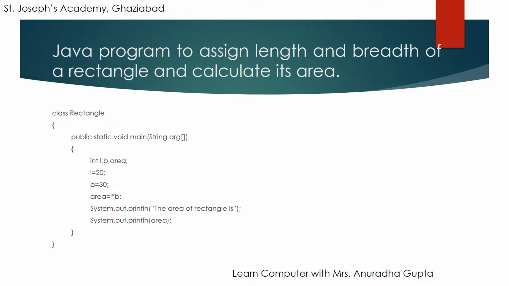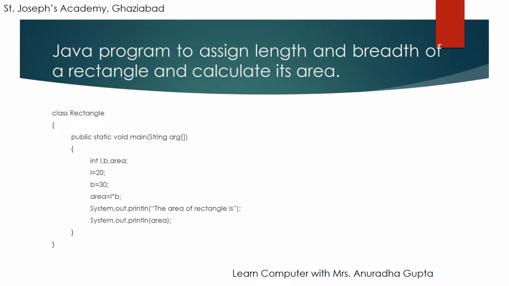Let's come to the body of the program. In the first line we have declared three variables: L for length, B for breadth, and area for finding the area of a rectangle. All these three variables have data type int. It means these three variables store only integer values.